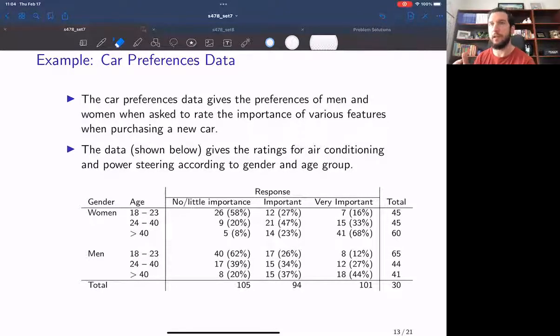And the explanatory factors for the data set are the sex of the individual and the age group of the individual. So we have 3 qualitative variables.